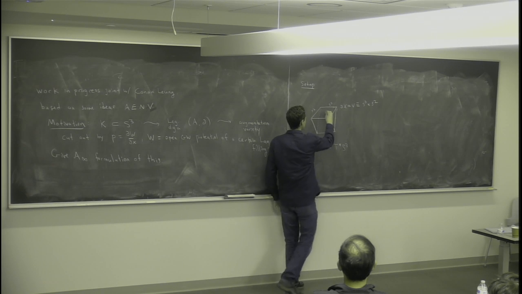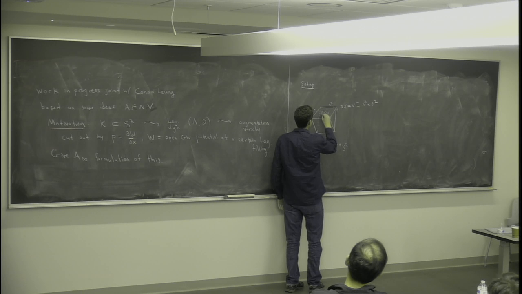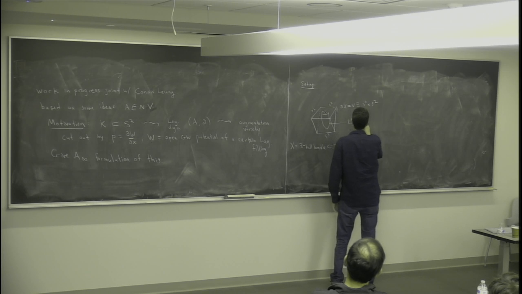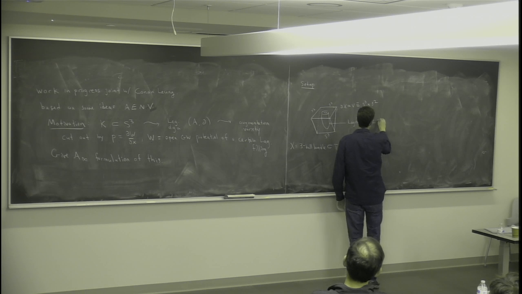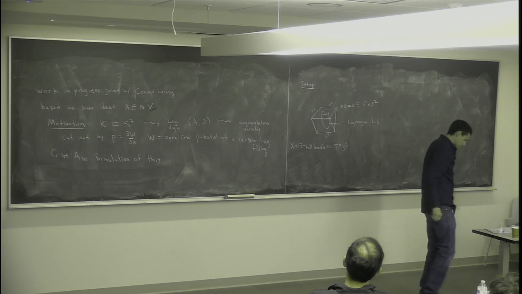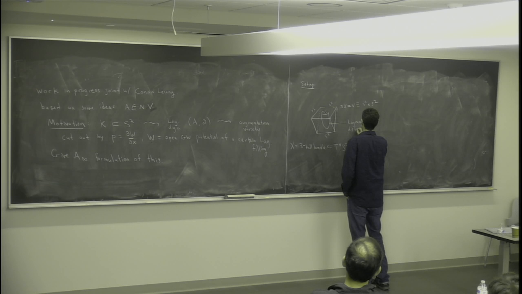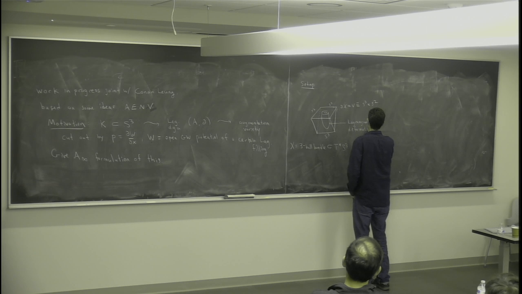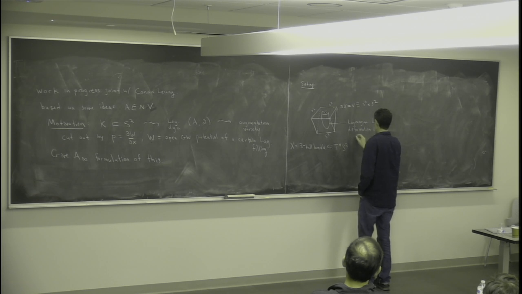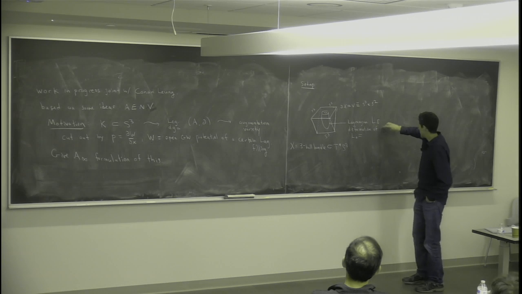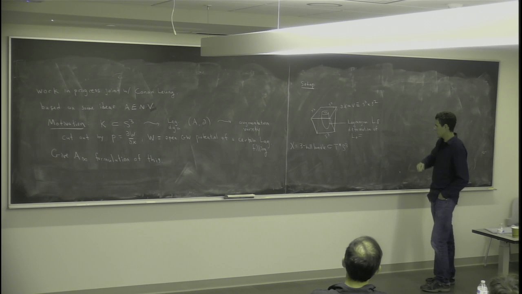So we're going to take some Lagrangian, we'll call this L delta. This is going to be a deformation of the conormal bundle. You can think of the conormal bundle as being L naught, so it depends on some real parameter delta.